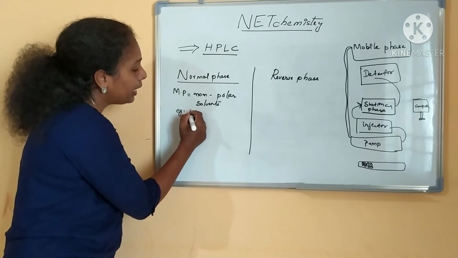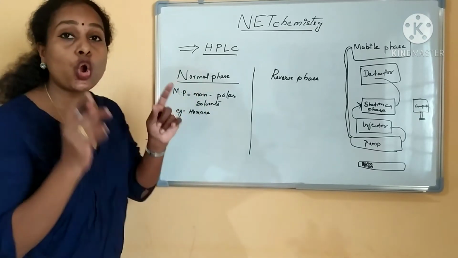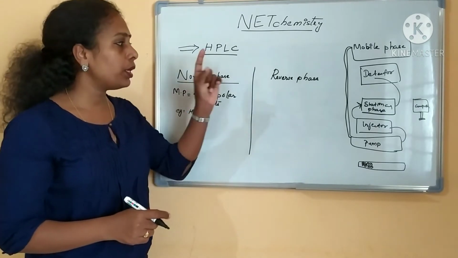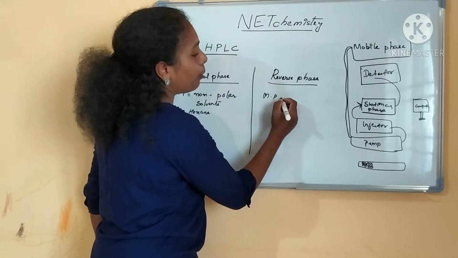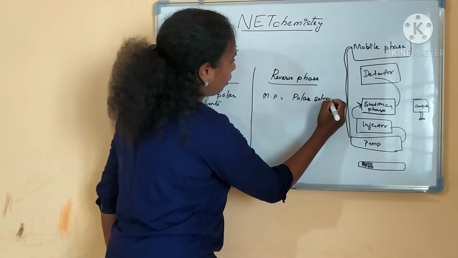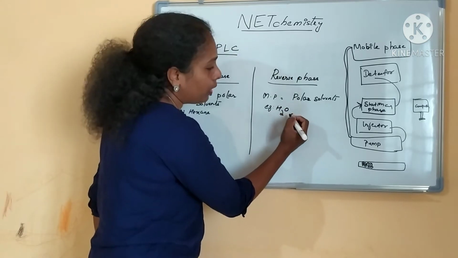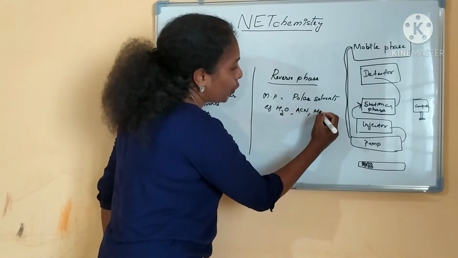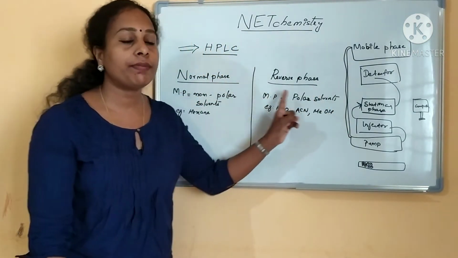For example, hexane, normal hexane, cyclohexane, all those non-polar organic solvents we use as the mobile phase here. But in reverse phase chromatography, the mobile phase is polar solvents. What are the polar solvents? For example, you can use water, acetonitrile, or methanol as the mobile phase.